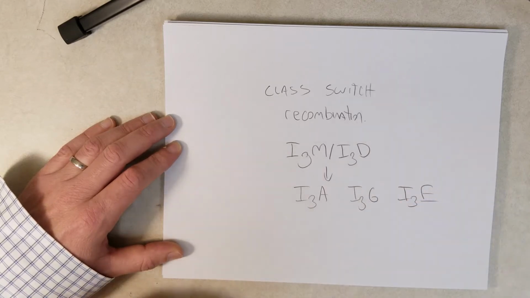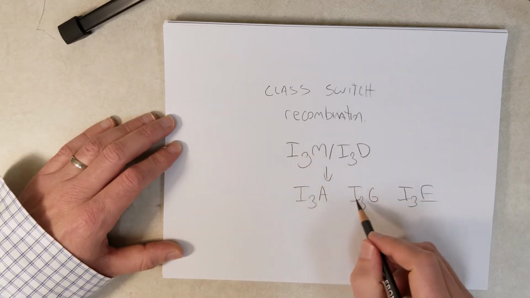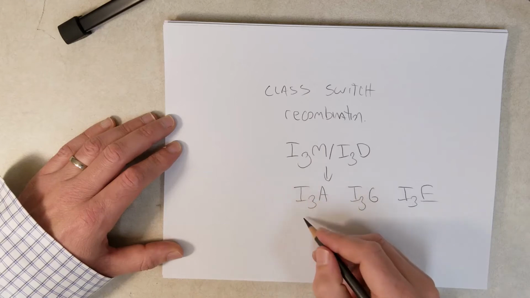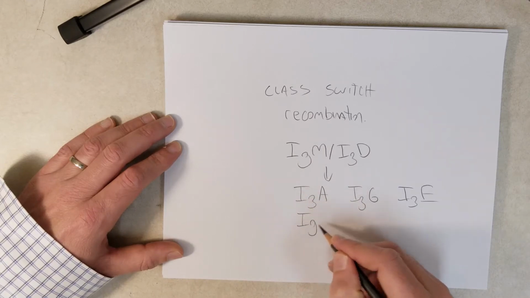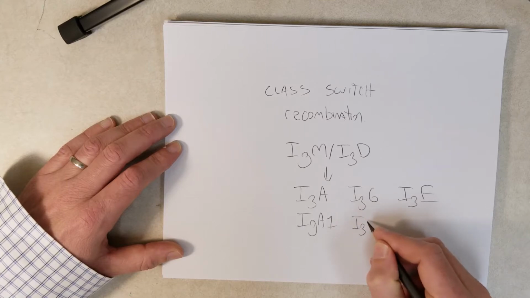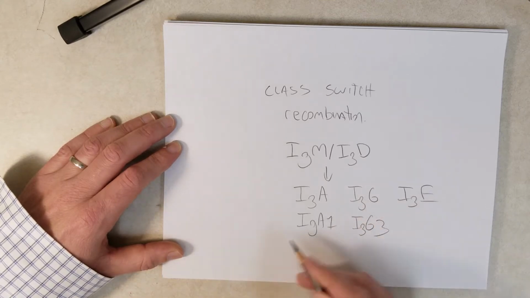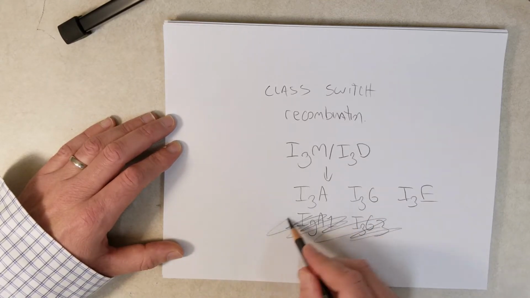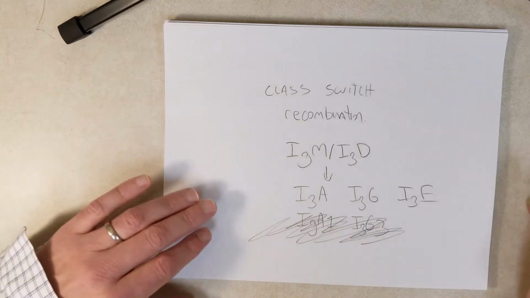And as we'll see in this video, there are specific subclasses of these. So instead of getting IgA, we might see IgA1 or IgG3. So I'm going to cover that in this video.